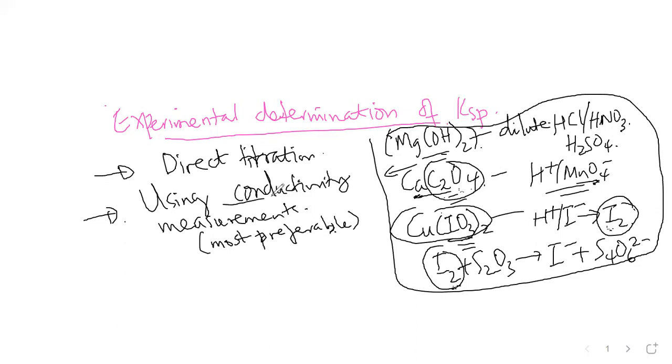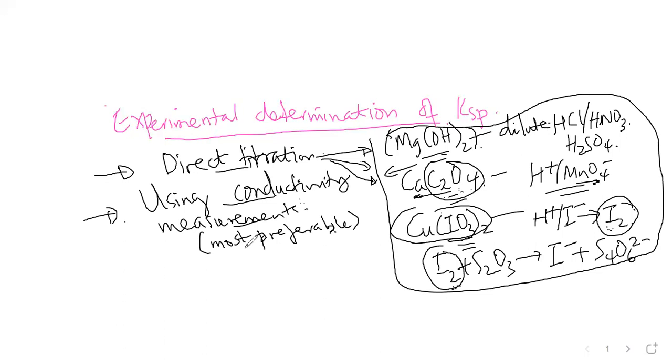It's because this method works for any salt or any electrolyte you think about. But direct titration, we have seen, is somehow limited to some of these salts. It cannot work for every compound.